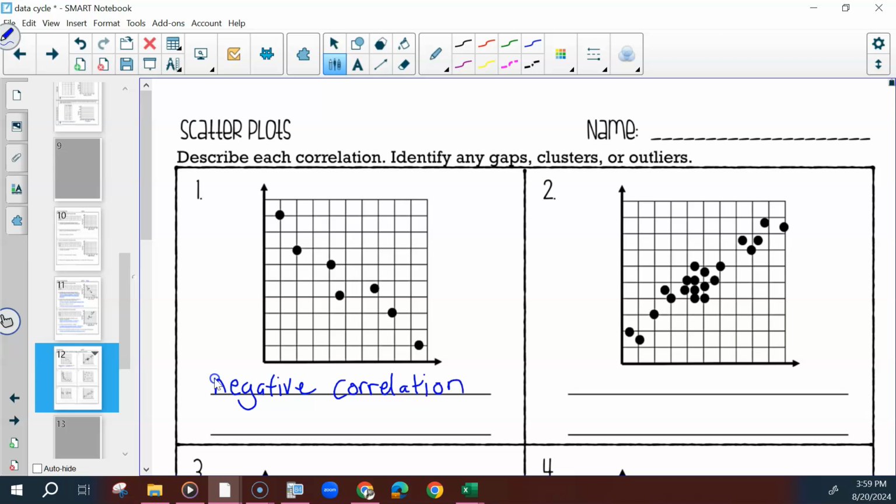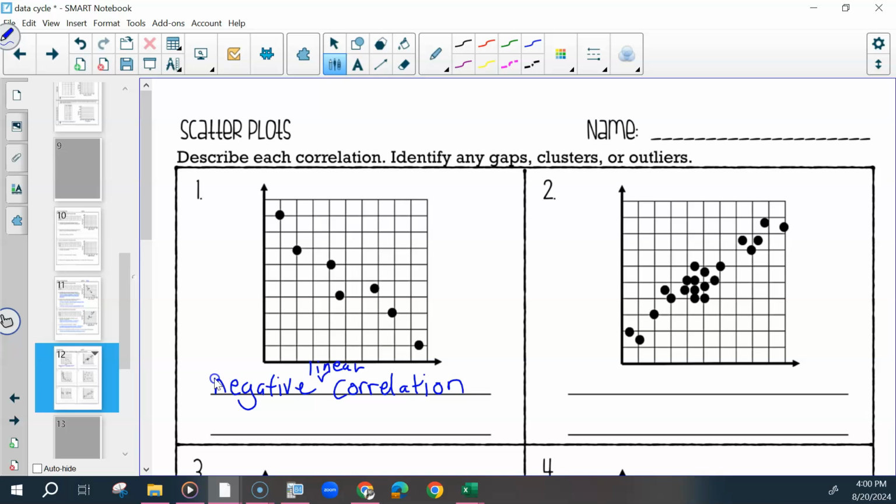And because their relationship is negative, that makes it a negative correlation. Okay. And a lot of positive and negative correlations are linear. Remember we talked about how it makes that line. So I wanted to add linear in between, like this.